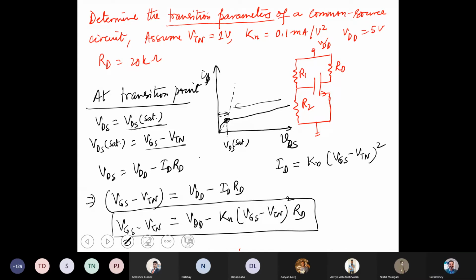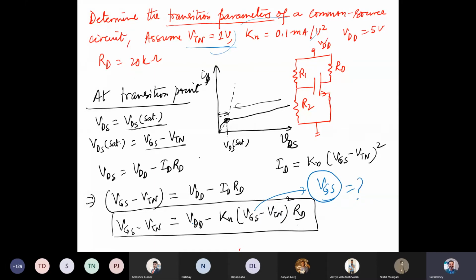Anyone? The VTN, the threshold voltage, is given. The Kn parameter is given, and VDD is given, and RD is given here. So the unknown is VGS. That would give the value of VGS, right?